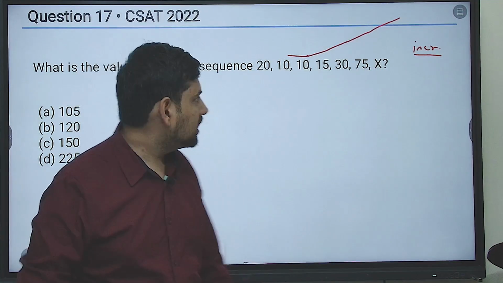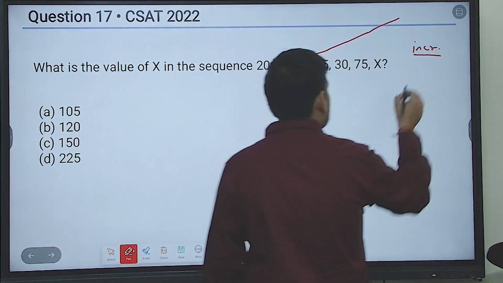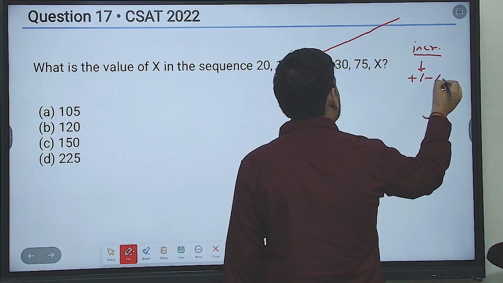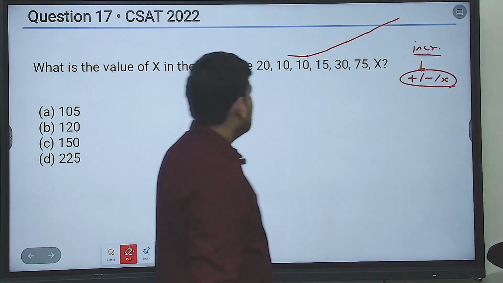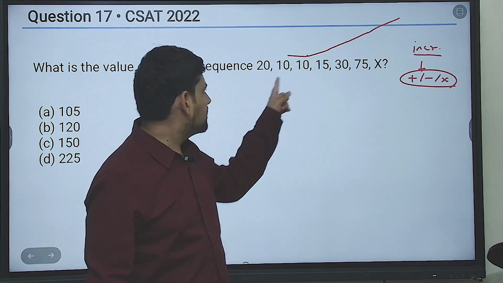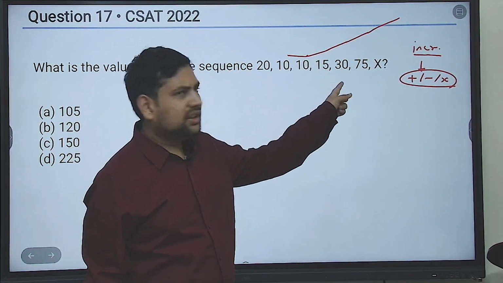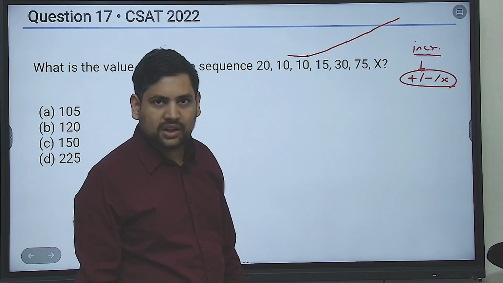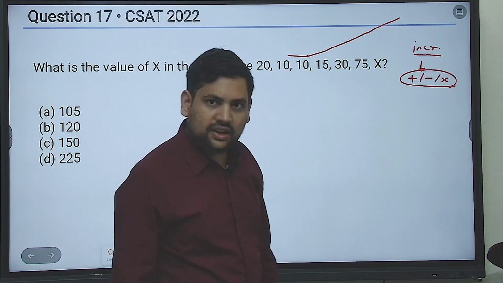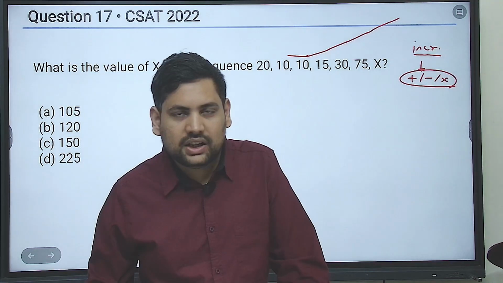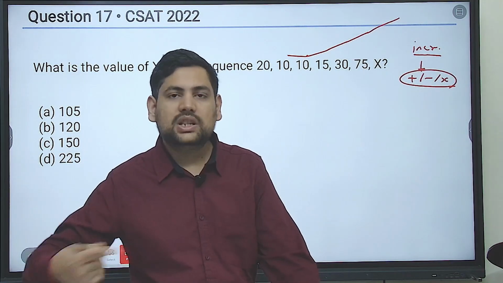Now, if it is increasing, then you may think in terms of plus, minus, or multiplication. Here, if you see the difference, it is 10, then 0, then plus 5, then 15. So the difference does not make much sense here. Next thing: if the difference is changing drastically, you think in terms of multiplication.